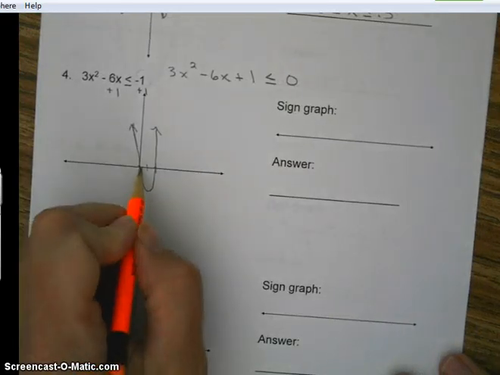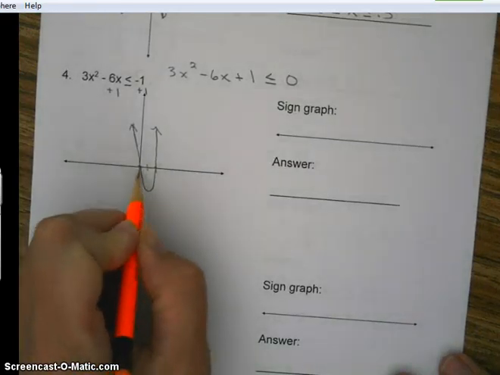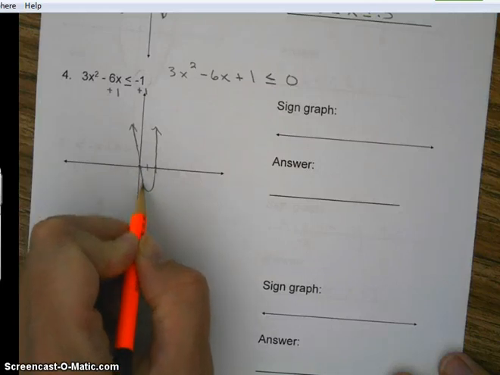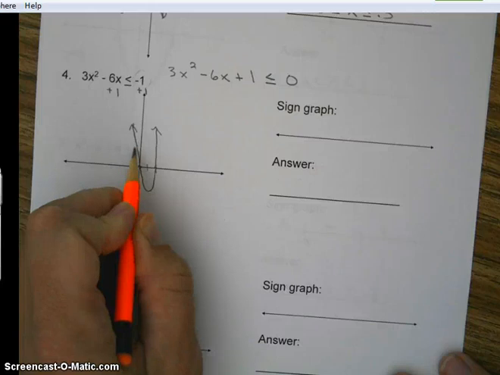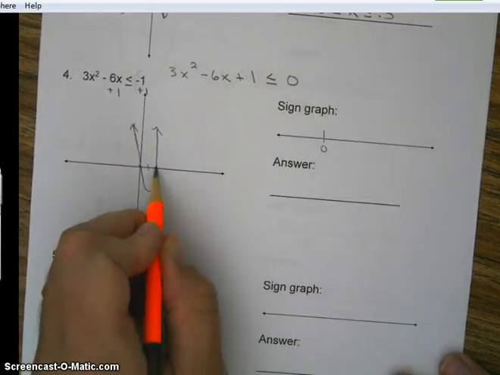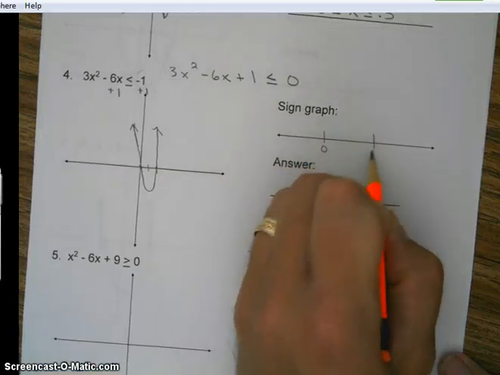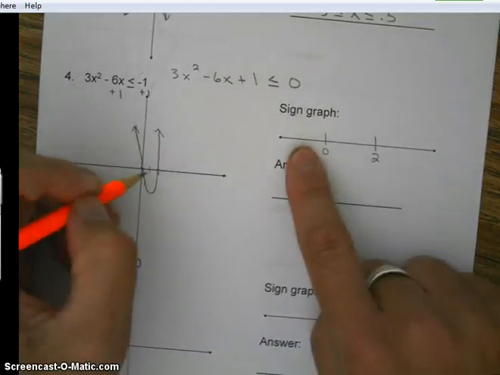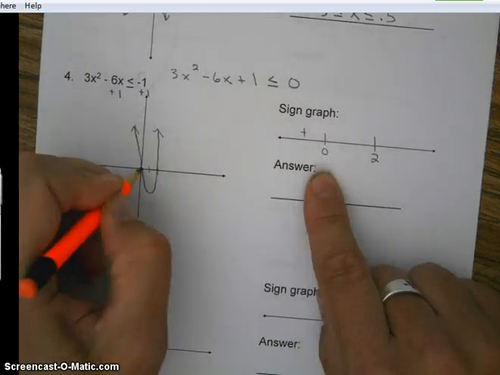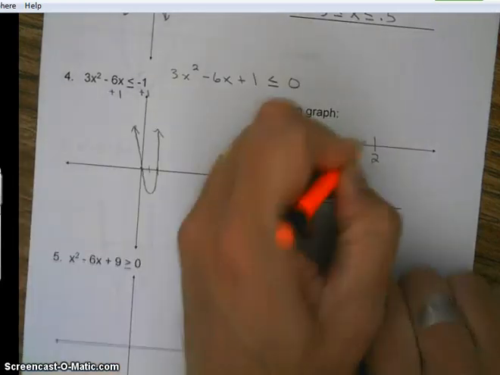Okay, so sign graph. We have a solution at 0. Notice that this point is where it crosses from negative values to positive values. So 0 and 2. On the left of 0 we have positive. Between 0 and 2 we have negative.